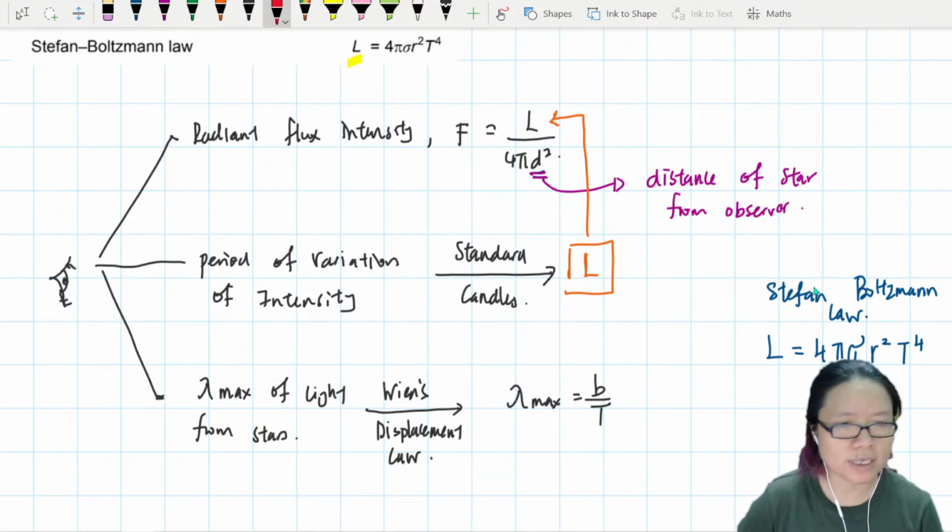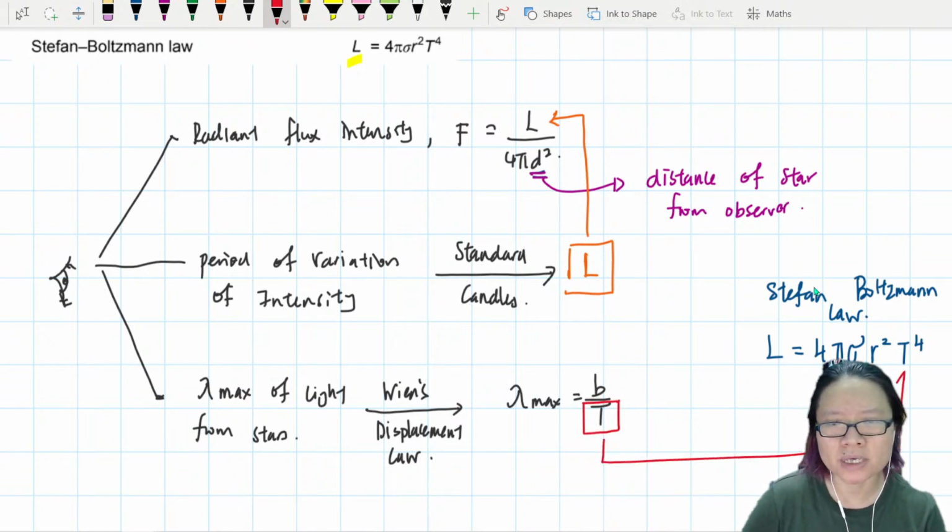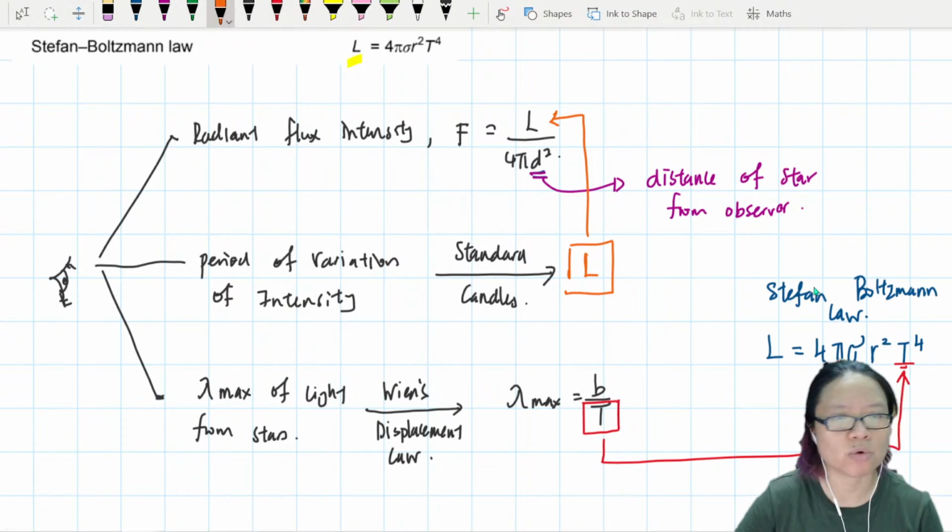So this T, which I can find using Wien's displacement law, will help me tell what the temperature is. And then this luminosity will obviously help inform this one.